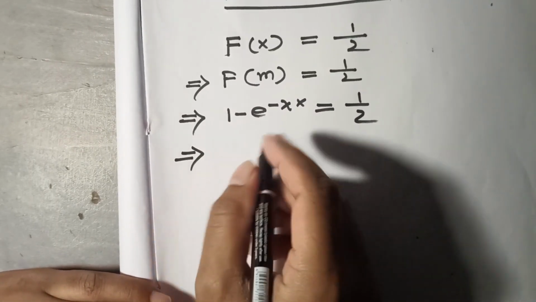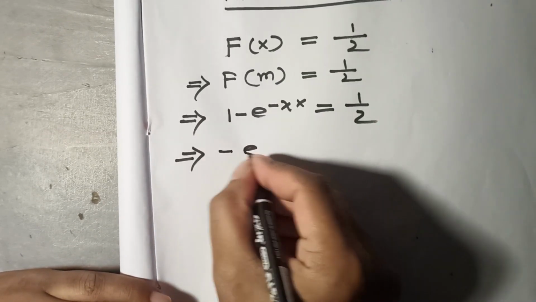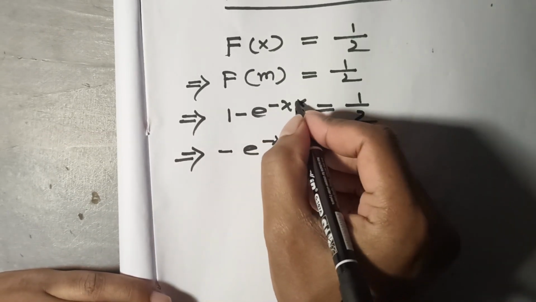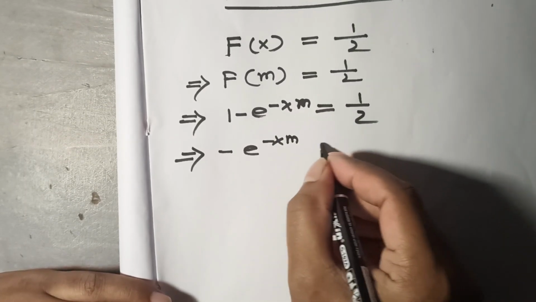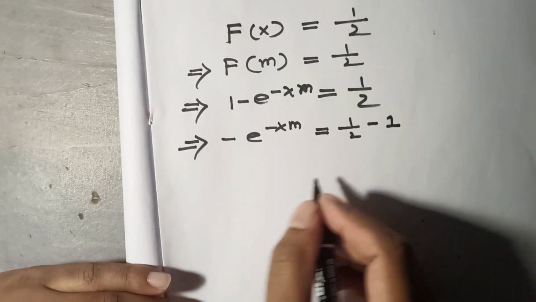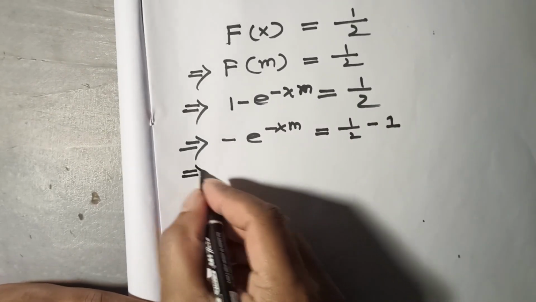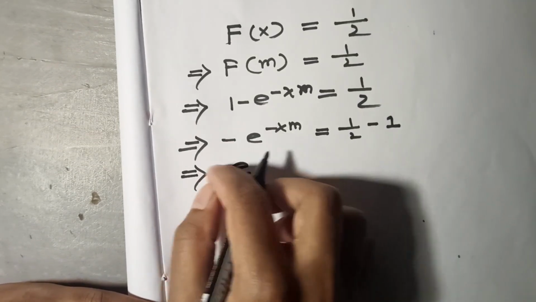Next, we take the 1 to the other side, and we will have e to the power minus lambda m equal to half minus 1.